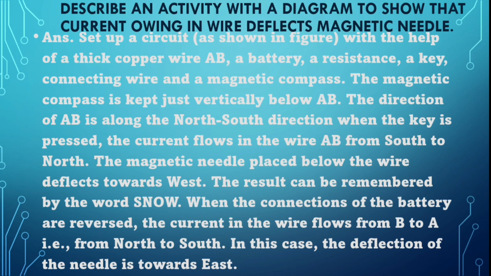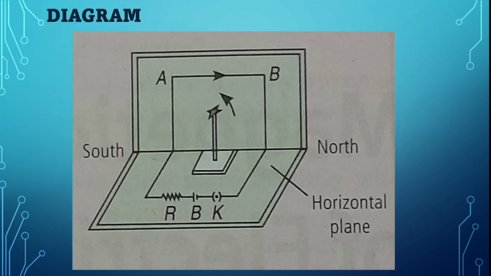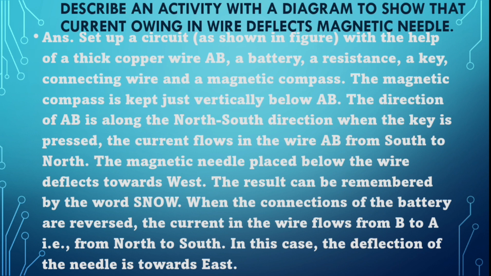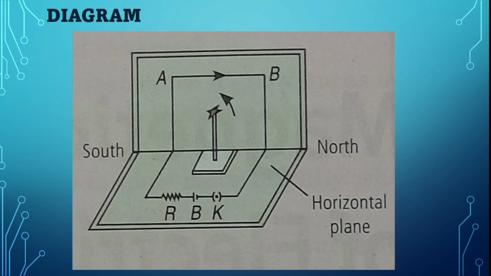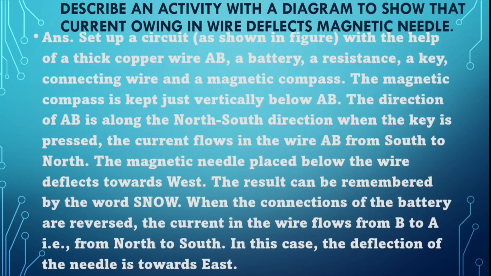Now, describe an activity with a diagram to show that current flowing in a wire deflects a magnetic needle. So we are going to set up a circuit, which is given in this figure. Set up a circuit with the help of a thick copper wire AB. In this diagram, AB is a thick copper wire.